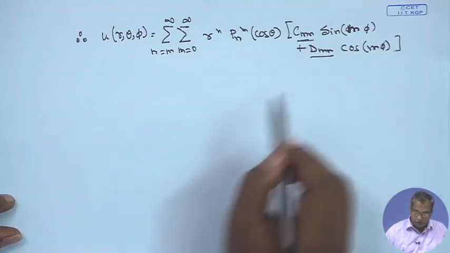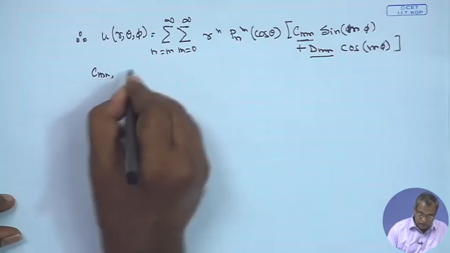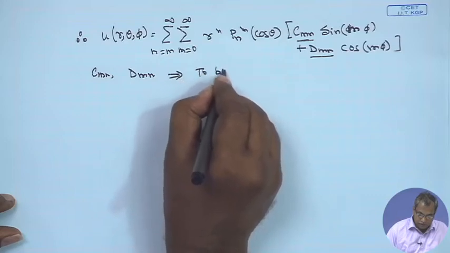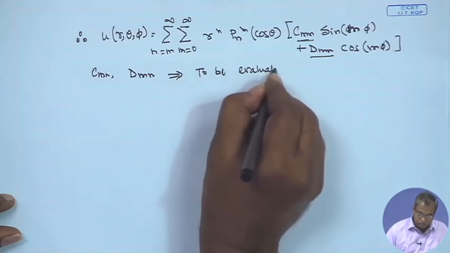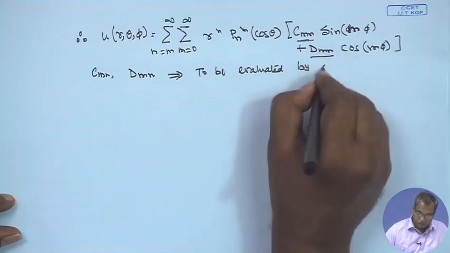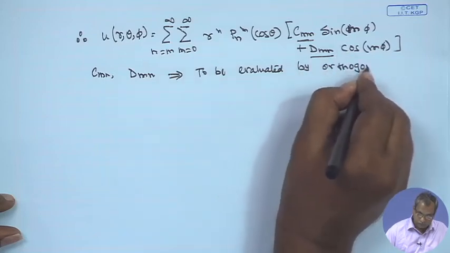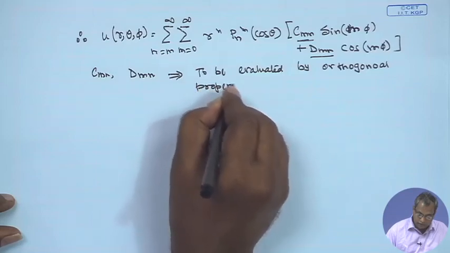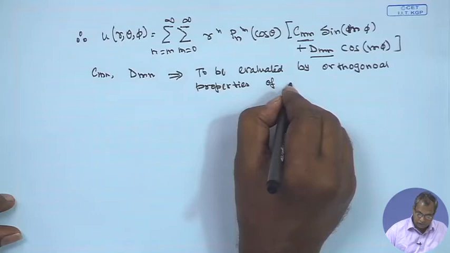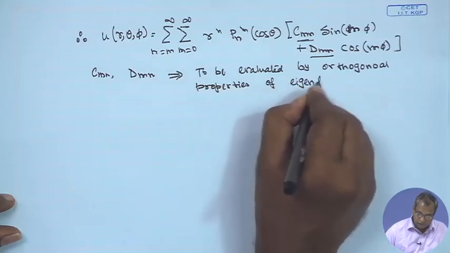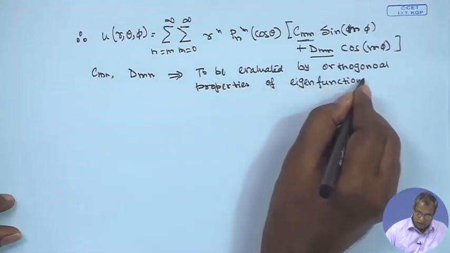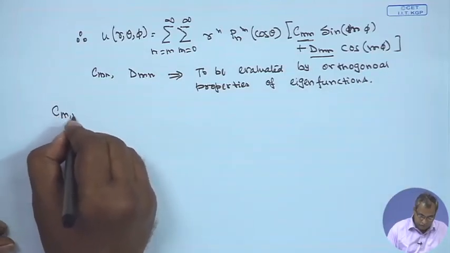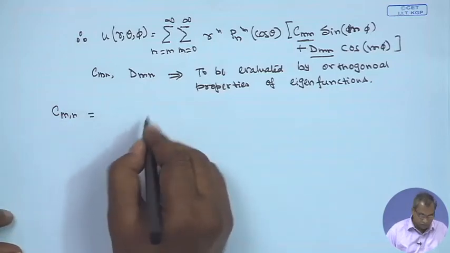Now, these two constants will be evaluated by using the orthogonal property of the eigenfunctions, by exploiting the orthogonal properties of eigenfunctions. So, I am just writing the final solution. We have done this exercise several number of times.